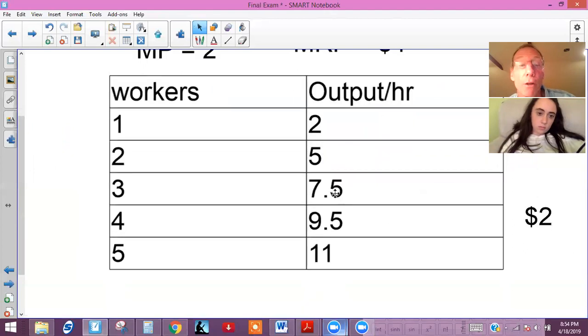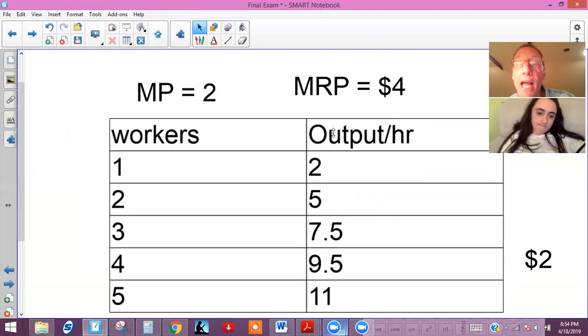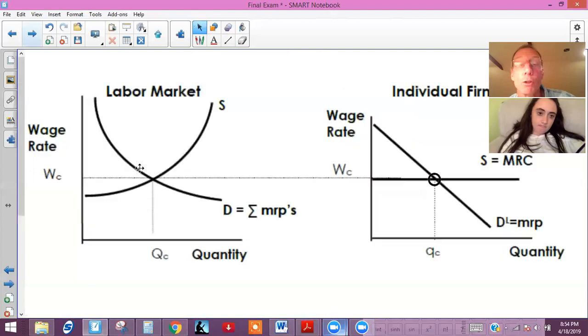So the fourth worker right here has a marginal revenue product exactly equal to the wage, which would be 4 right there, if this was the graph of that table. Okay, does that make sense? Wait, can I see the table again? Yeah.